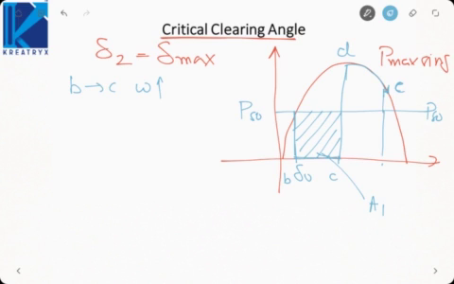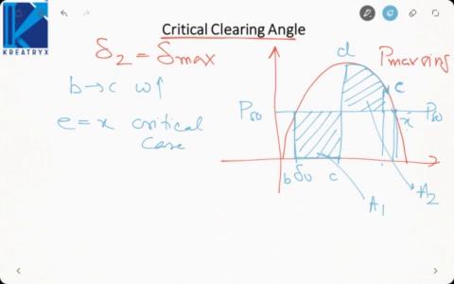But from D to E speed is decreasing, so this area corresponds to decelerating area, that is A2.